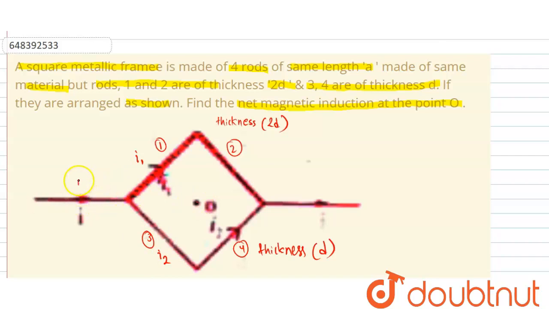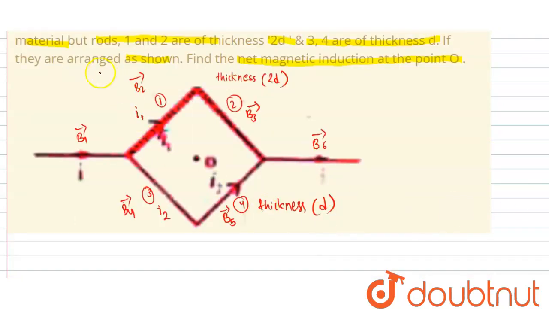For this line it is B1, for this line it is B2, for this line it is B3, for this line it is B4, for this line it is B5, and for this line it is B6. So first of all, we will calculate this individual magnetic induction with magnitude and direction.